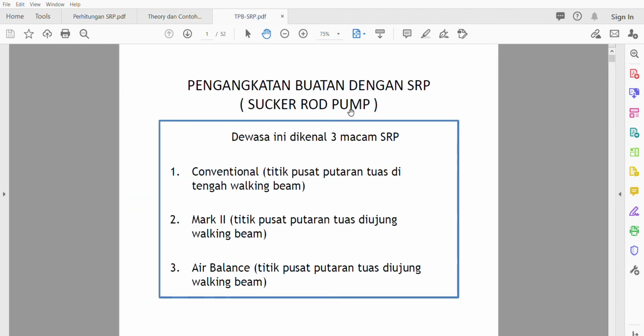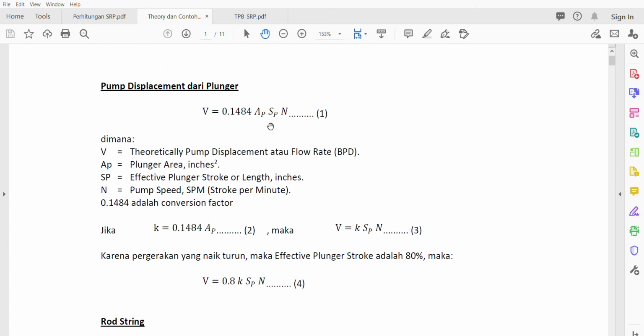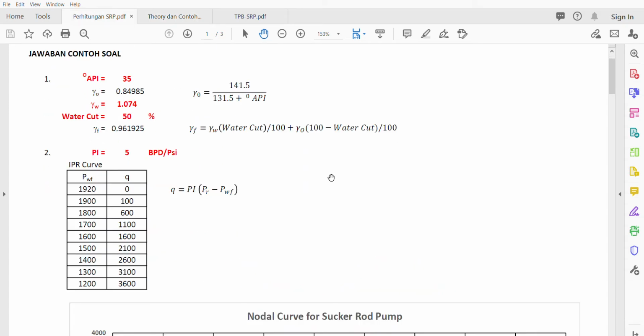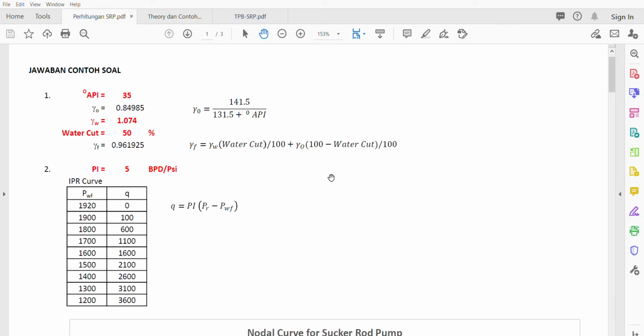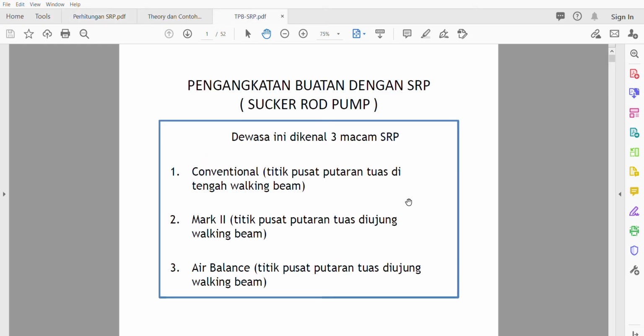The first one is Pak Widartono's. The second one is the detail, equation by equation, and the third one is the Excel, which shows how to do the example. So basically there are three different types.